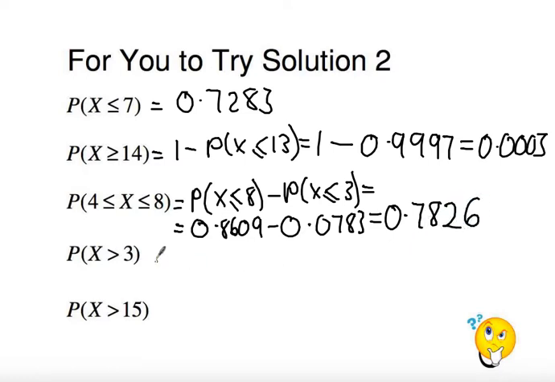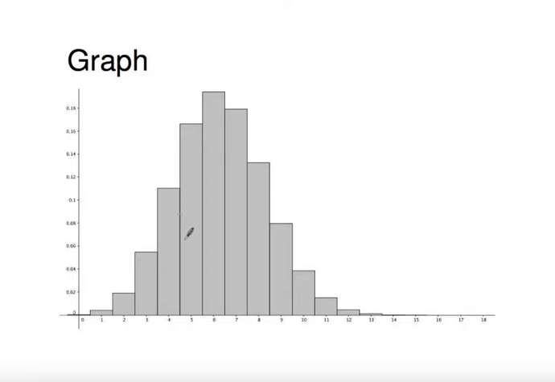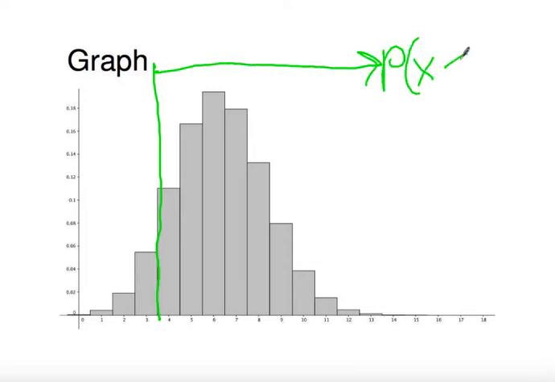Okay, just a couple of examples left now looking at these strict inequalities. Probability x is just strictly greater than 3. So let's have a look at our graph and use that to help us. Probability x is greater than 3. I want all of these probabilities on this part here.